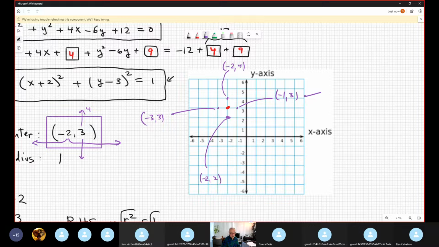Do you follow me? Yes. Okay. This is the way I want. This is one question in the test. The circle looks like a small circle, radius 1, centered at the point. I forgot to say that point is minus 2, 3. Everyone follow me?